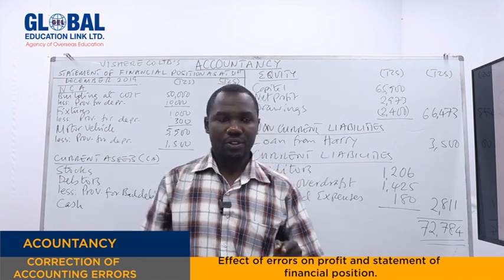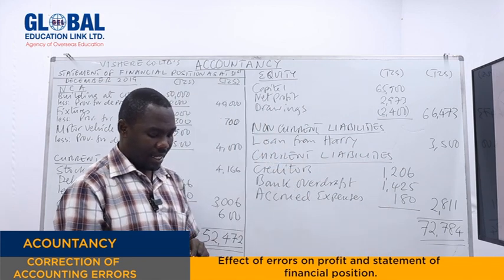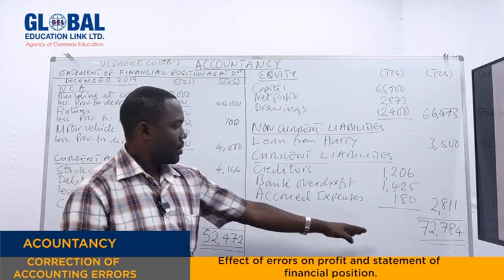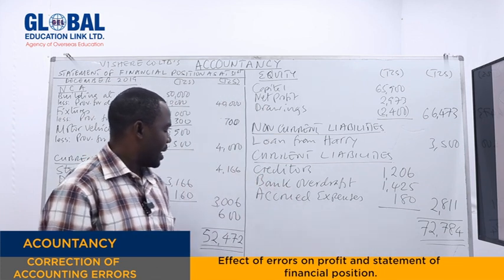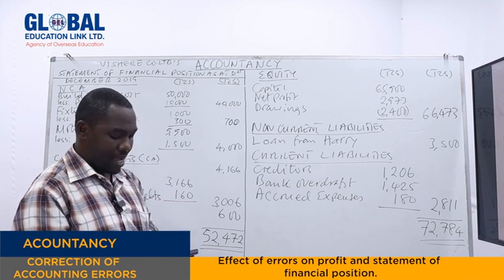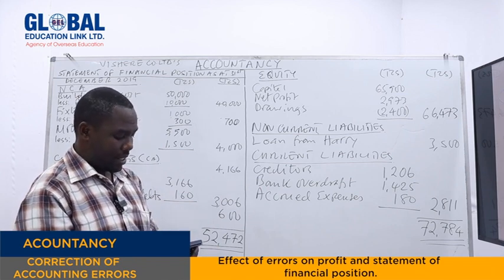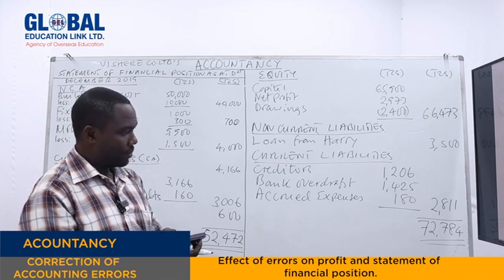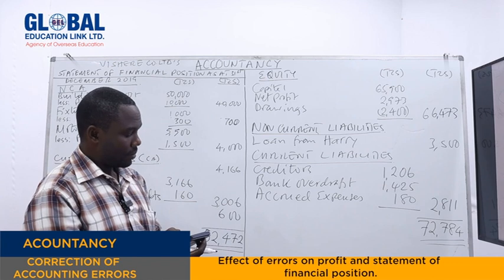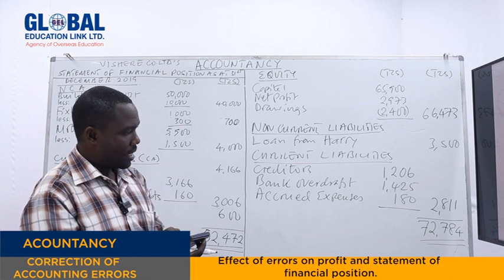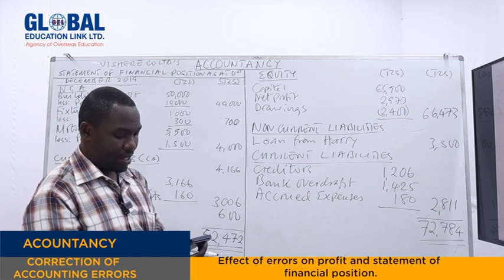Now you can trace the difference. Take the difference where the liability side exceeds the asset side by how much? 784.